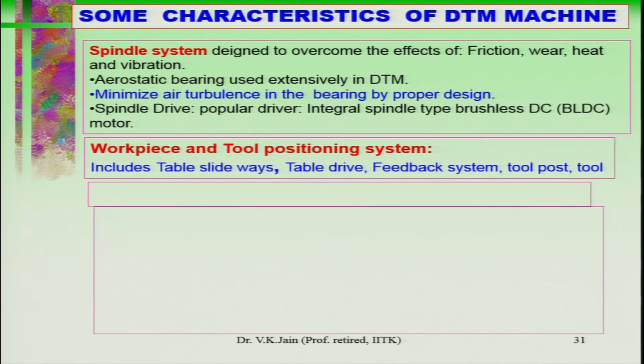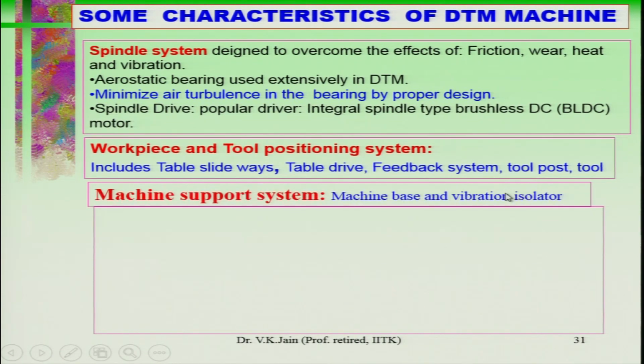Then workpiece and tool positioning system both are very important, because if they are not positioned properly, either workpiece or tool, then final results will not be as you want. So, it includes table slide base, table drive, feedback system, tool post and tool. So, all of them will affect the performance of diamond turn machining.